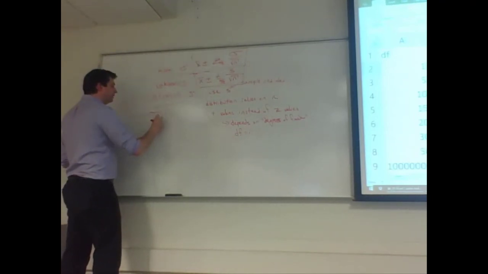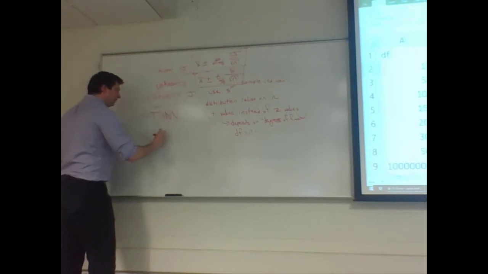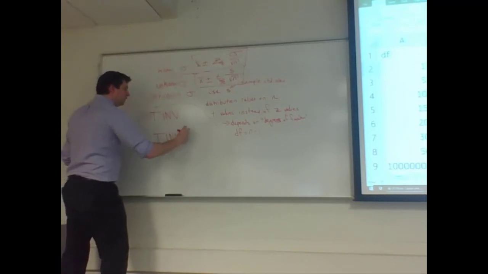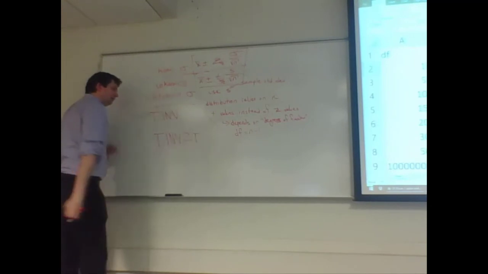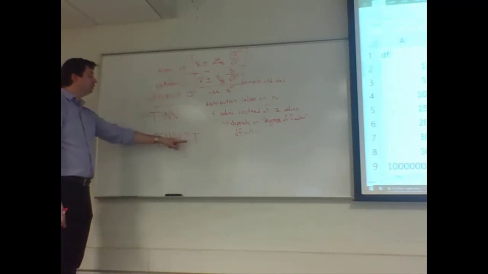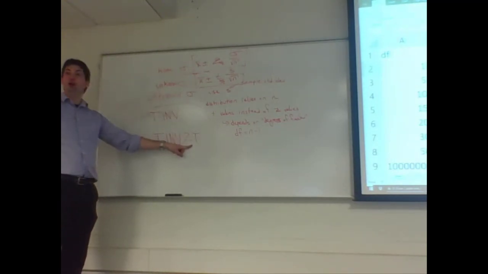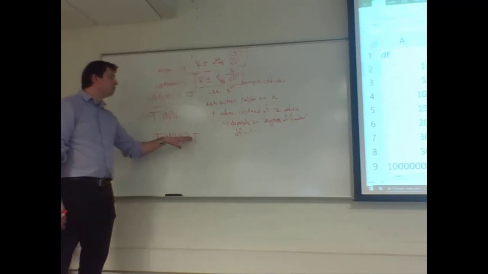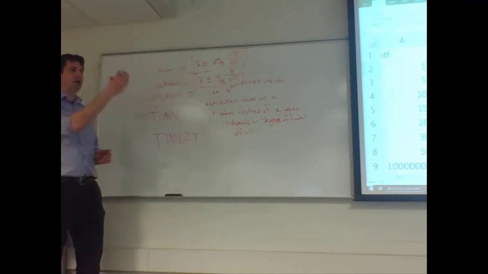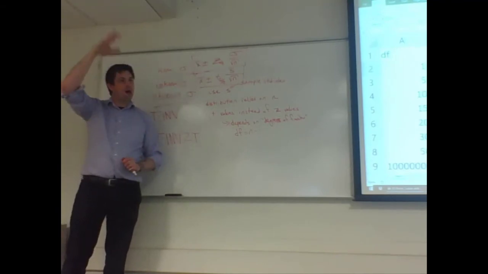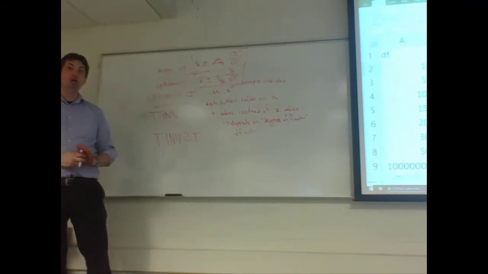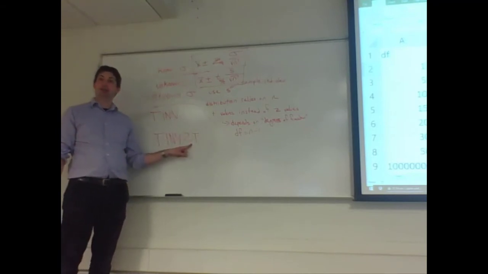It has a t invert function, and it has a t invert 2t. That 2t means, anyone? Two tails. So you can immediately take that, as Amanda points out, we took that alpha divided by 2 for the norm distribution. This will do that automatically.